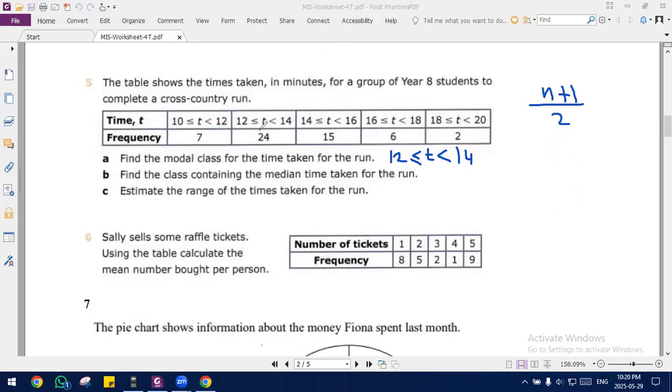So 24 plus 7 is 31, plus 15, 46, plus 6, 52, plus 2, 54. So 54 plus 1 is 55. 55 over 2, 27.5. So 27.5, is it the median? No, it's the place where I can find the median.